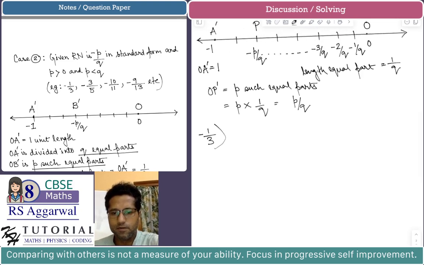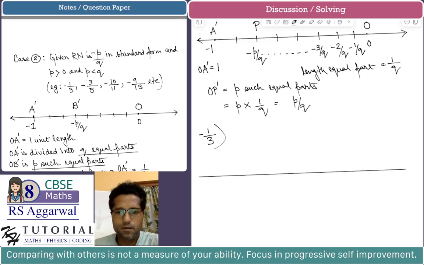So we will take the number line, a straight line, and you mark the two endless end points with arrows, and then you mark the origin somewhat towards the right end. Let's say this is the origin, which represents the integer 0, and you take a point A dash to the left hand side of the origin O at unit distance from origin O. So A dash will represent the integer minus 1.